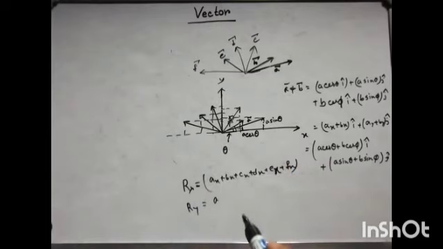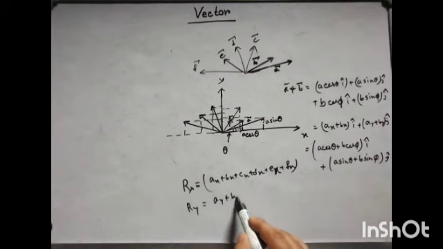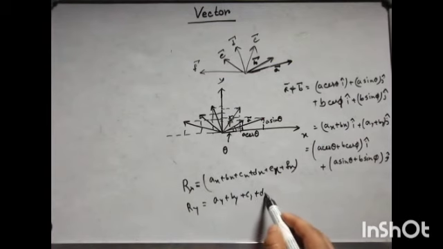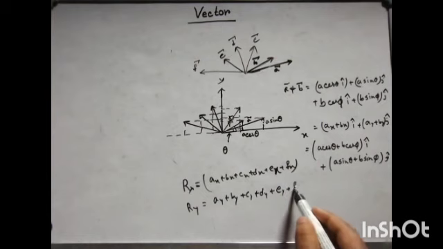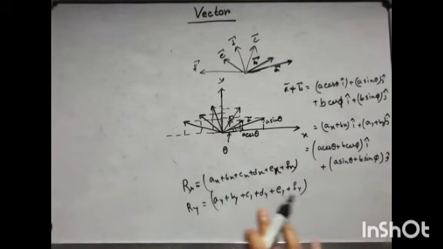So suppose those y components will be ay plus by plus cy plus dy plus ey plus fy, and these will be just magnitude values, so you can easily add them.